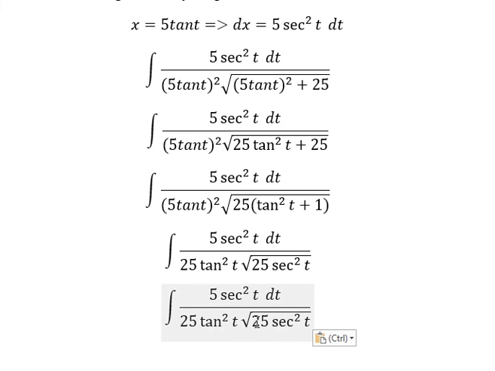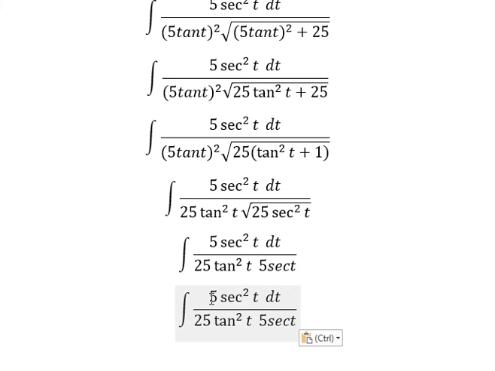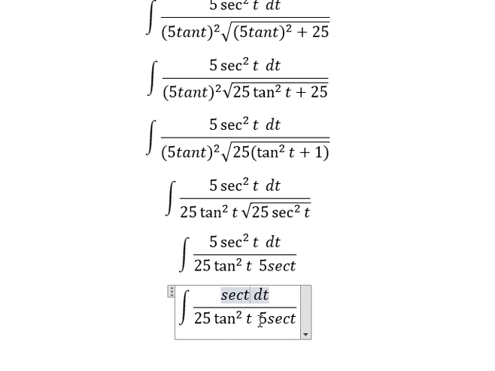The square root of 25 secant t squared, you get 5 secant t. Now we need to simplify 5 secant t on numerator and denominator. So number 25 we put outside.